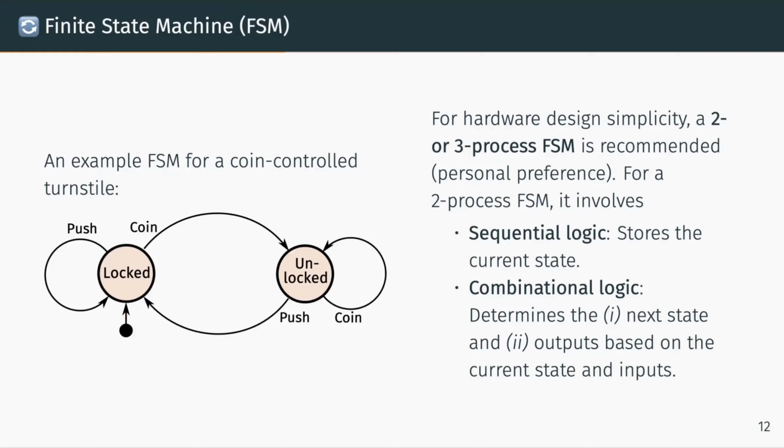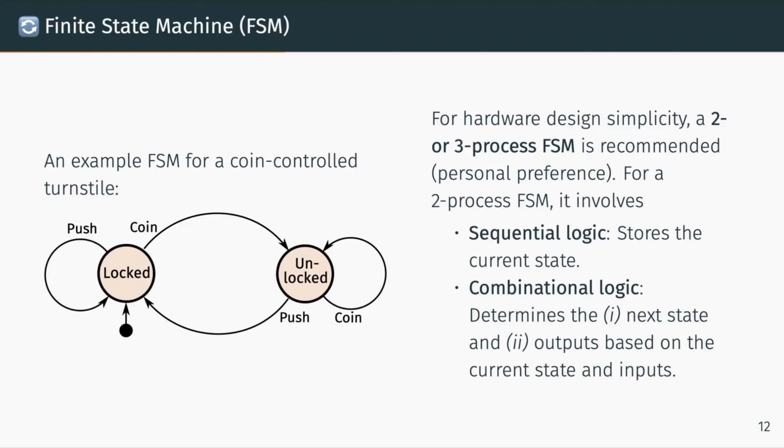If we put another coin into it, it will still be unlocked. And if we are in the unlocked state and we push the machine, then it will move and get locked. So for hardware design, we know that there are a lot of states, and there are also ways to transit from one state to another.